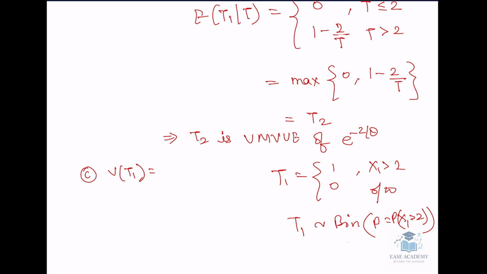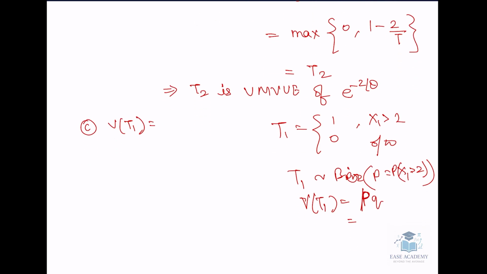No. So from here the variance of T1 can be said as pq, since this is nothing but Bernoulli. That means e to the power minus 2 by theta times 1 minus e to the power minus 2 by theta. That means variance is e to the power minus 2 by theta times 1 minus e to the power minus 2 by theta.